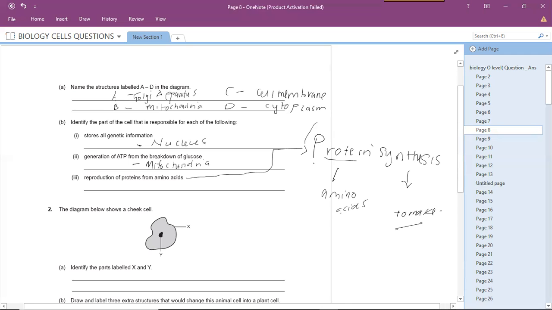And this process of protein synthesis takes place inside the ribosomes. So the answer to this one is the ribosomes.